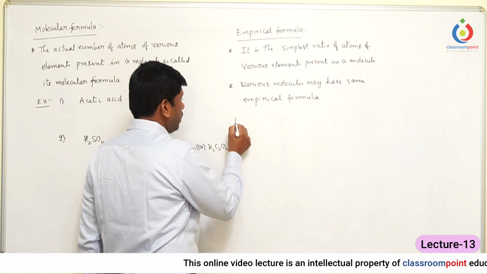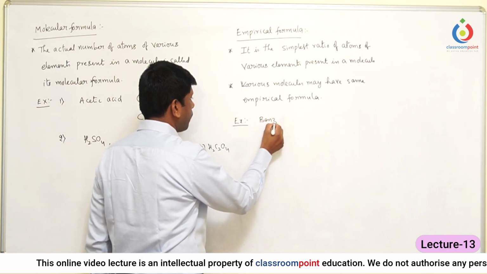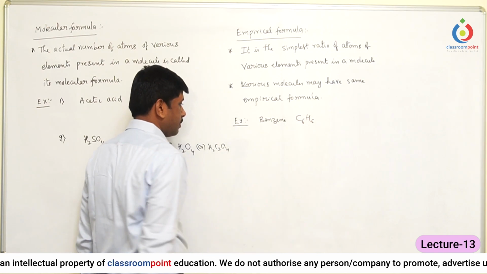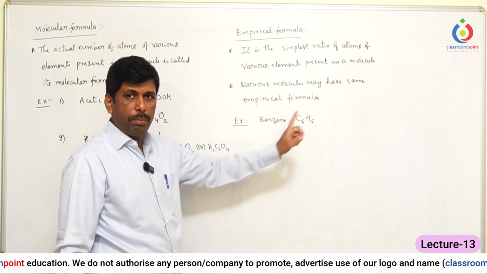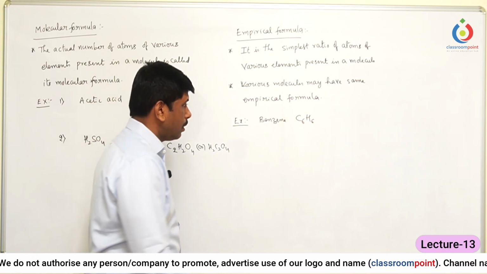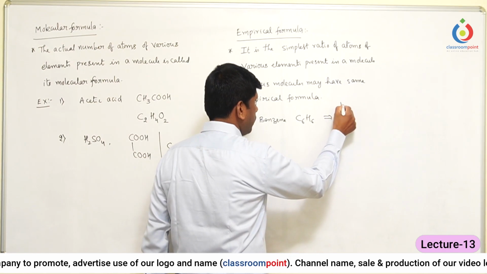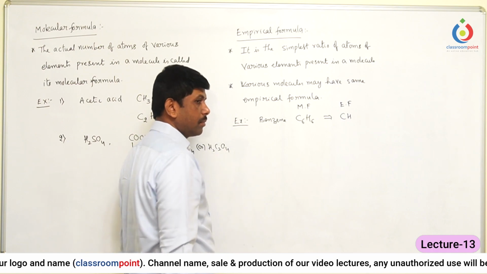Let us take an example here. If you take benzene, the molecular formula is C6H6. But if you want to convert this molecular formula into empirical formula, you take the ratio. So it goes one time each, so CH is the empirical formula and C6H6 is the molecular formula.